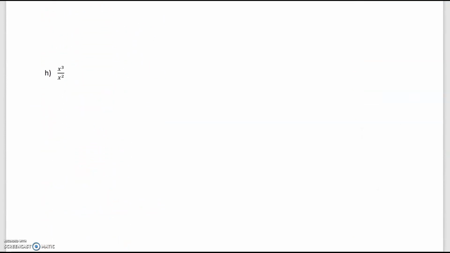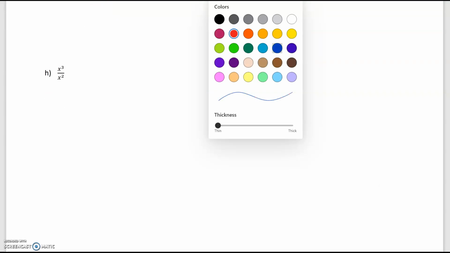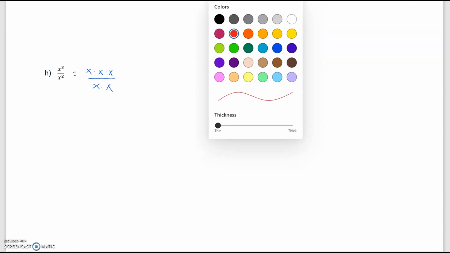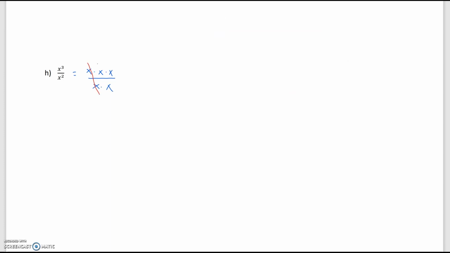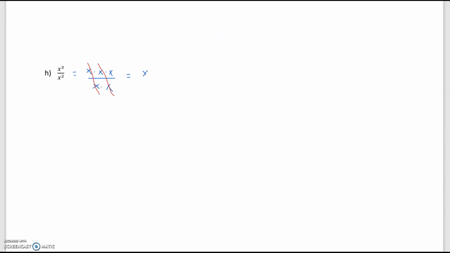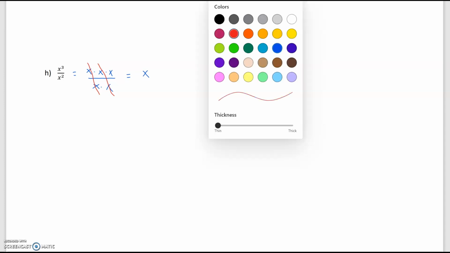In this case, this would be equivalent to x times x times x over x times x. And you can see here that these cancel, those cancel, and we're simply left with an x by itself.